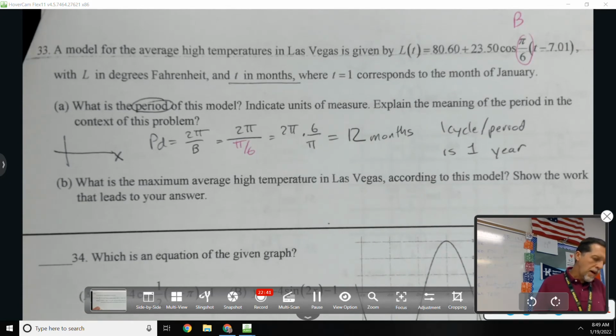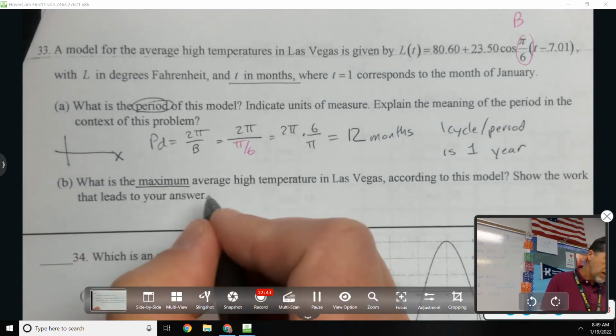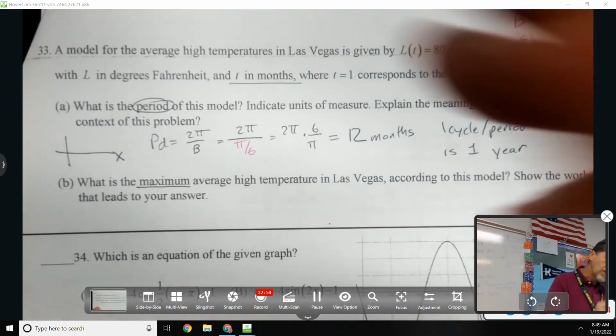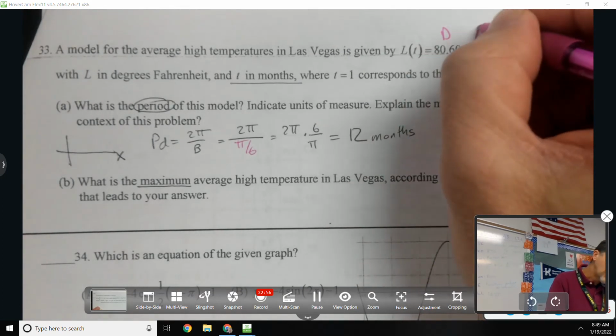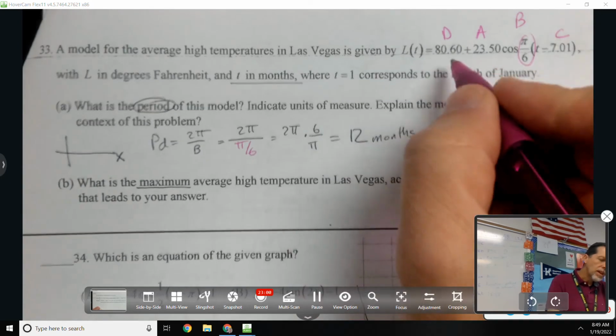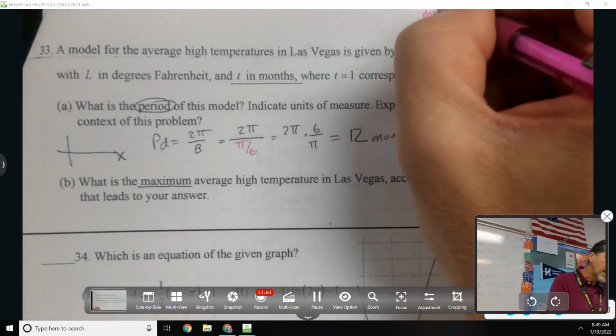What is the maximum average high temperature in Las Vegas? So we did one problem like this a while back. Let's think through what these pieces are here. A little bit out of order. That's D, that's A, there's C. D is the midline.